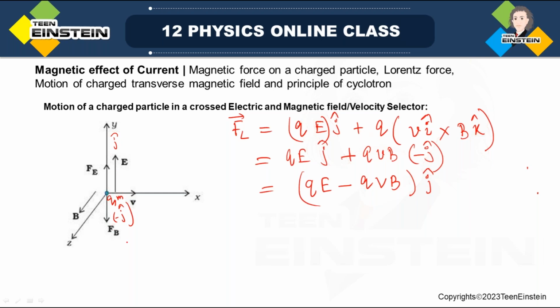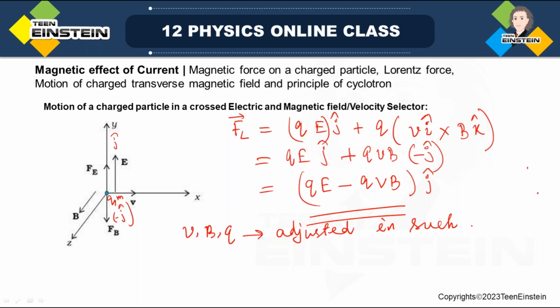Negative y direction and positive y direction. So if somehow the values of q, v, B are adjusted in such a way that the magnitude of the electric force and the magnitude of the magnetic force become equal.